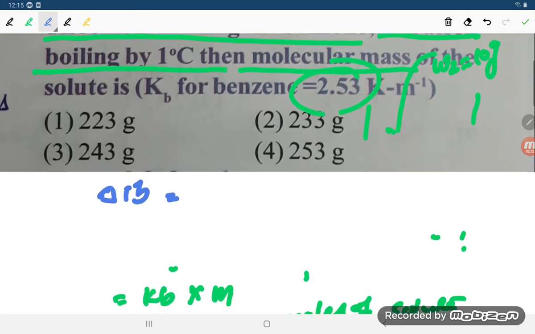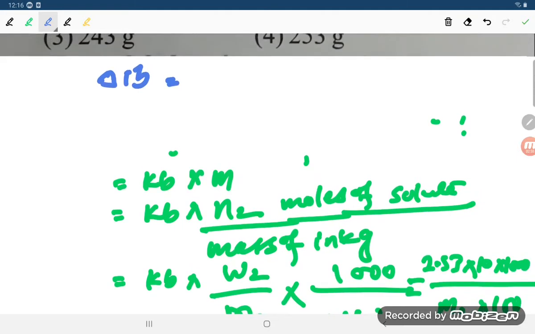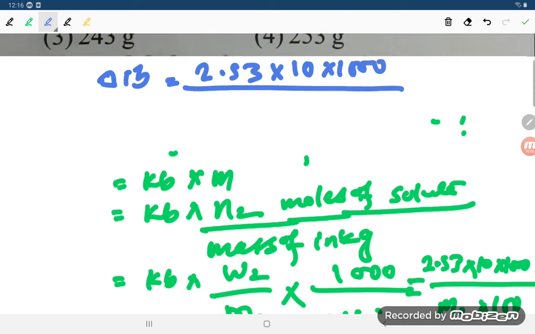Delta TB is equal to 2.53 into 10 gram into 1000 divided by M2 into 100. So this 100 and 100 cancel out. Delta TB is 1 degree Celsius.